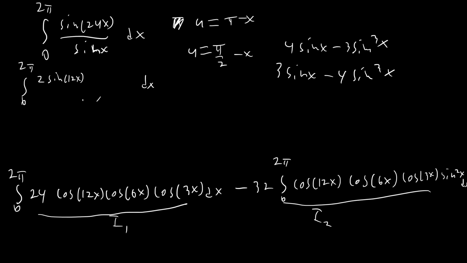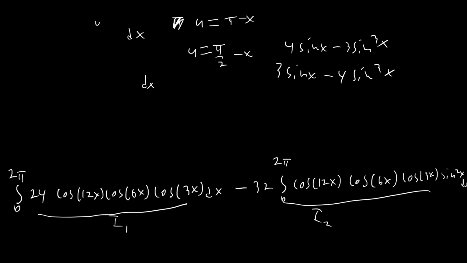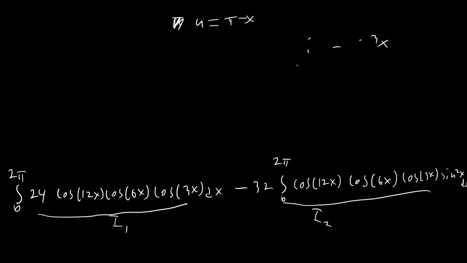The good thing is a lot of these integrals will just end up going to 0, which is nice. We're going to have to use some identities here, but a useful thing is that when you're integrating over the entire period or over multiple periods for cosine x or sine of x, it's just going to be 0 because it oscillates perfectly. So integral from 0 to 2 pi, let's combine these two right here and use an identity.